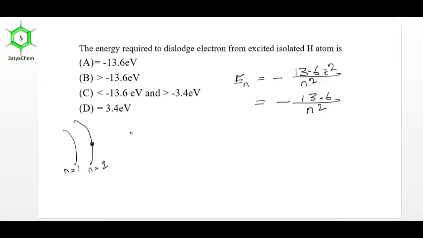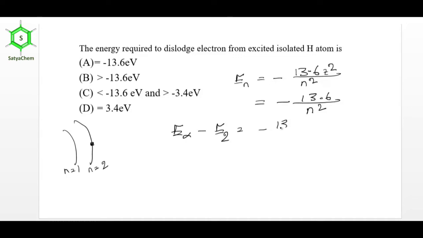Clear? Now we need to calculate the energy required to dislodge the electron. Dislodging the electron means we have to take it to n equal to infinity, that is E infinity minus E2.